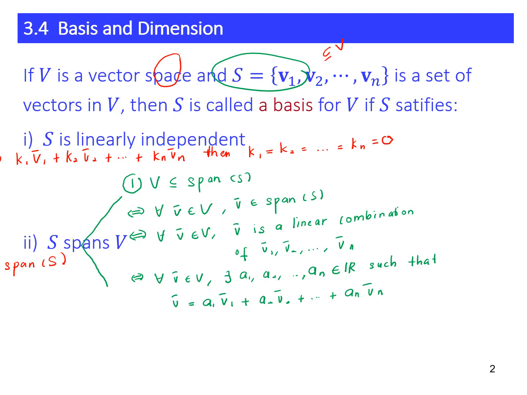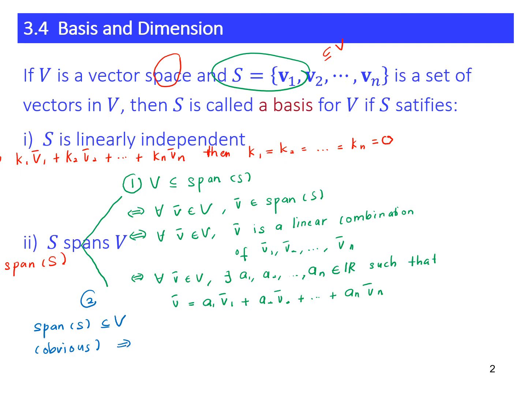And the second condition is span S is a subset of V, and this is quite straightforward because S is a subset of V. Why?